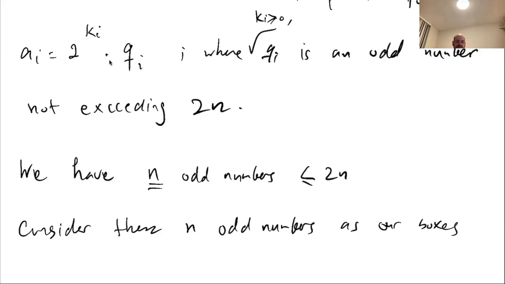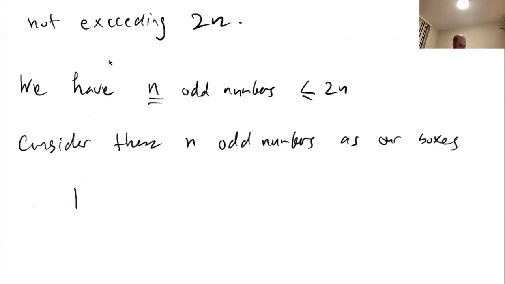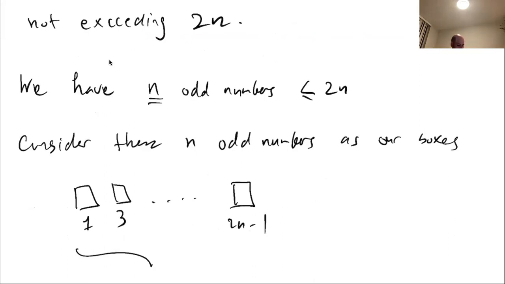The number of odd numbers less than or equal to 2n will be n. So those n odd numbers will be my boxes here. The first box is 1, the second is 3, and the last box is 2n minus 1. N of them, or n boxes.